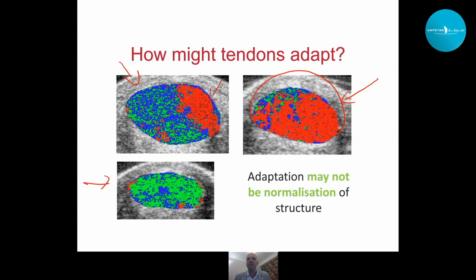And I think this makes it difficult when papers report the mean change, because we're potentially observing two groups going in diverse directions. One getting larger, which is probably a good response for them, and one shrinking back to normal size, which is equally possible for that tendon, and also obviously a good response. So again, we need some deeper questions when we look at these elements, and that's been missing in the papers that have tried to look at tendon adaptations.